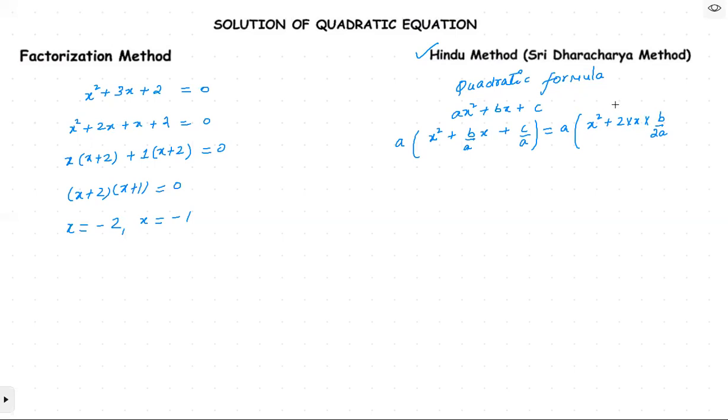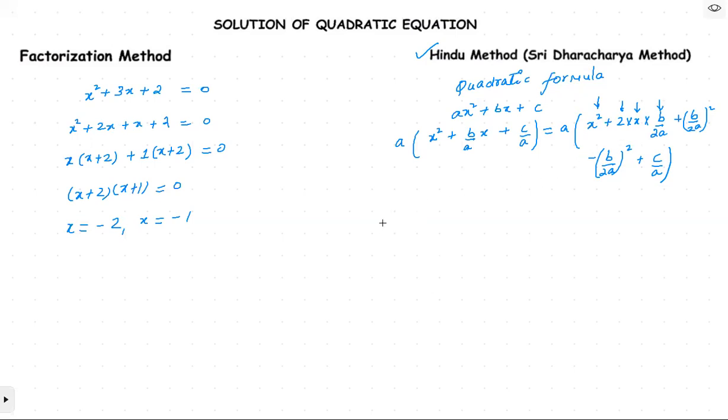So now we will see this in the form: this is a squared, this is 2a, and this is b. So there should be b squared also. If we are adding b squared, there should be a minus, and we have plus c by a. Fine. So finally we have this converted into the complete square.